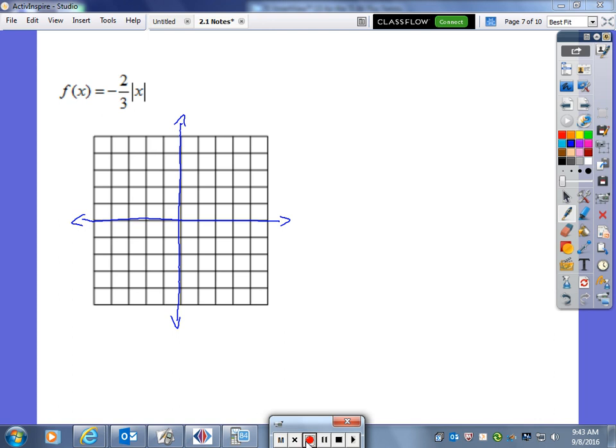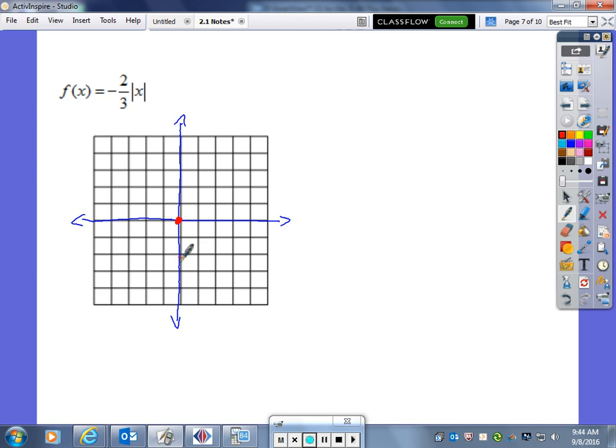Then let's go ahead and graph this function. The vertex is at the origin (0, 0), and now our negative 2/3 acts just as we said before, just like a slope.